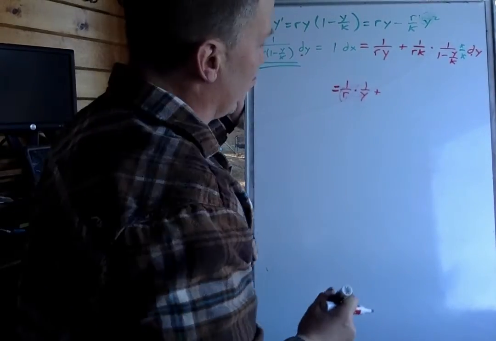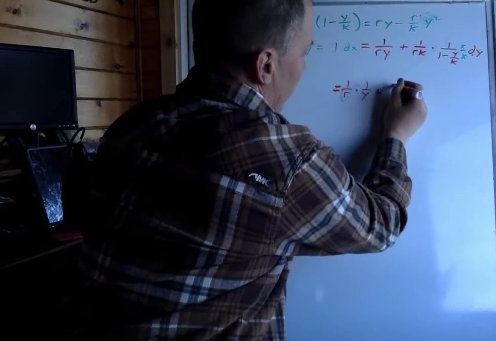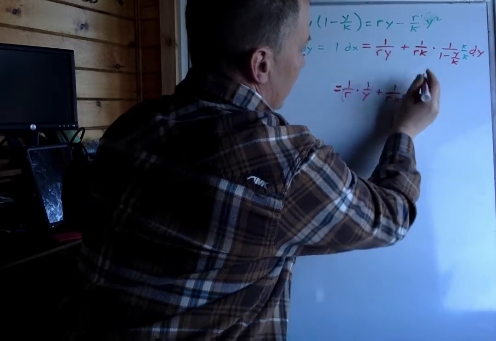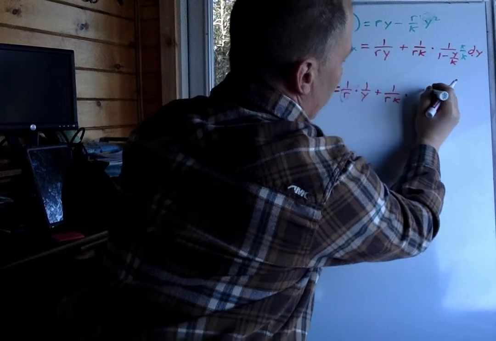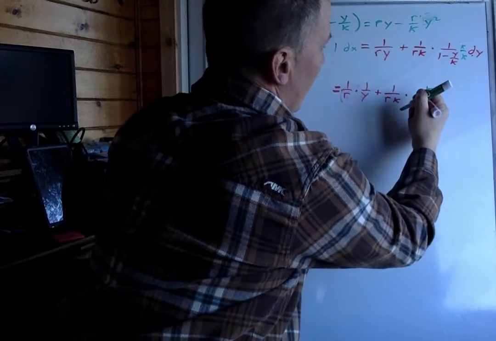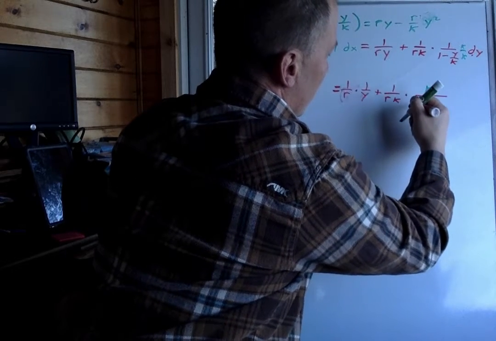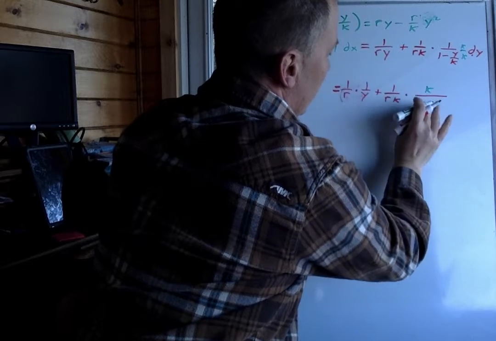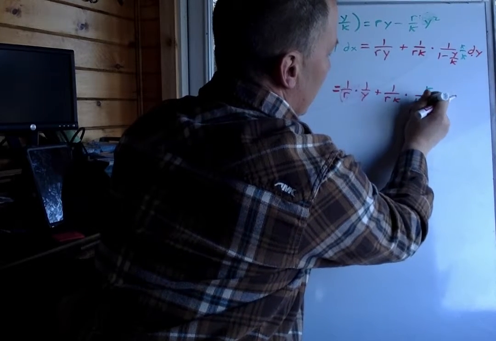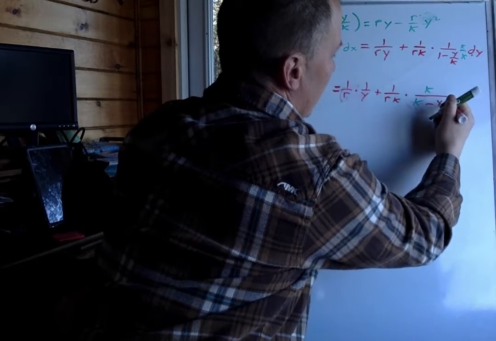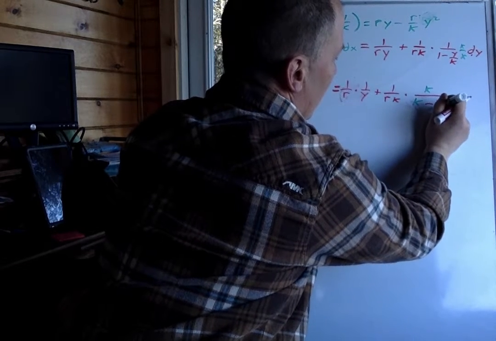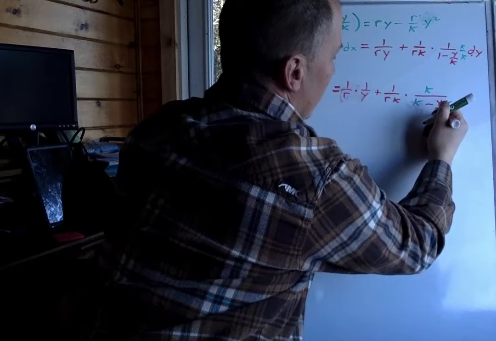If I did that, I would get my first term, times k over k minus yk over k.